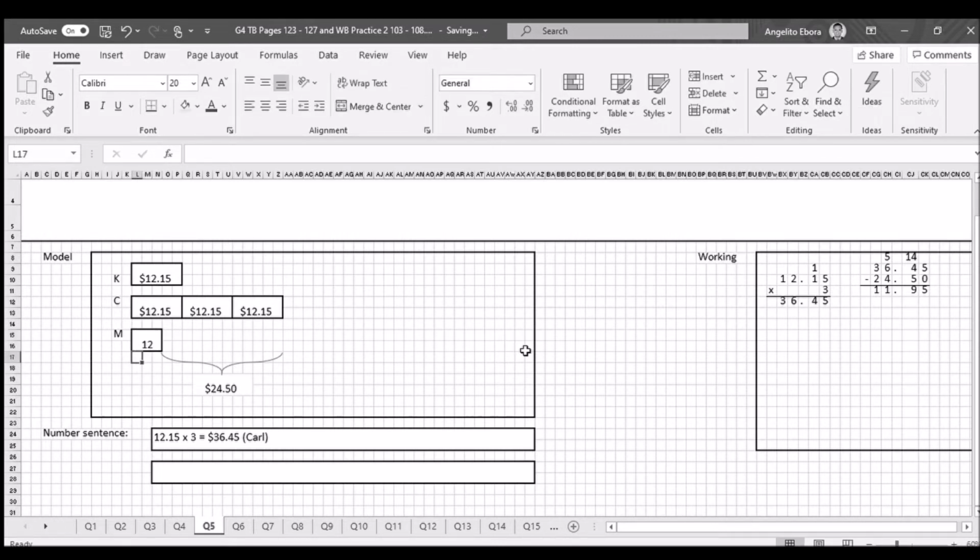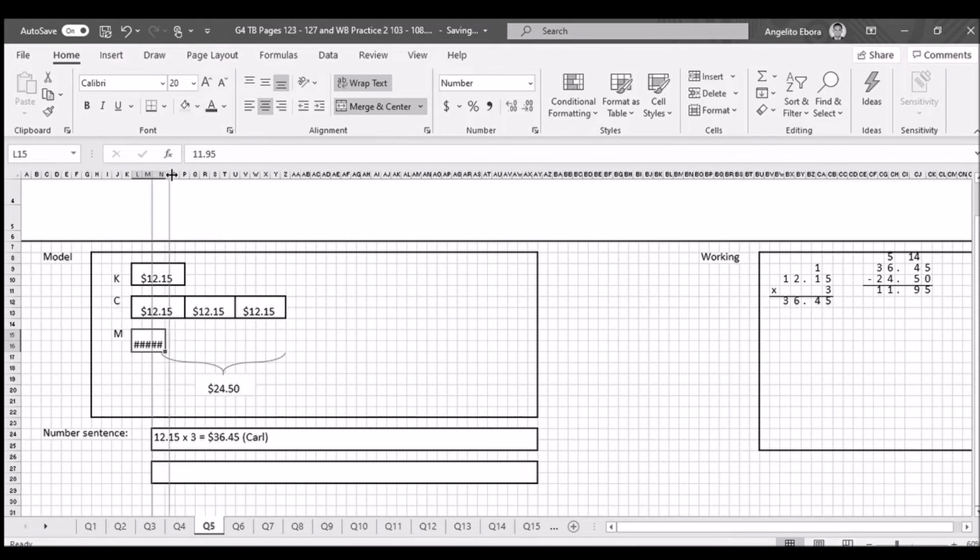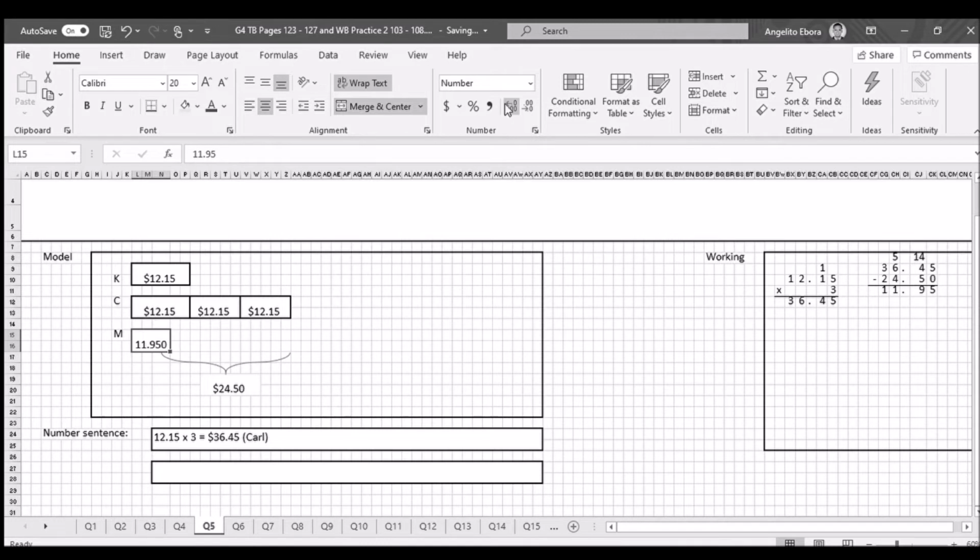$11.95. Because the space is not enough, that's why it can. Okay.